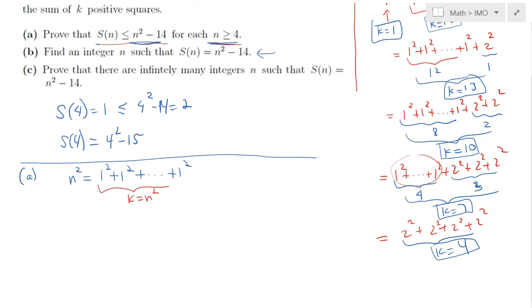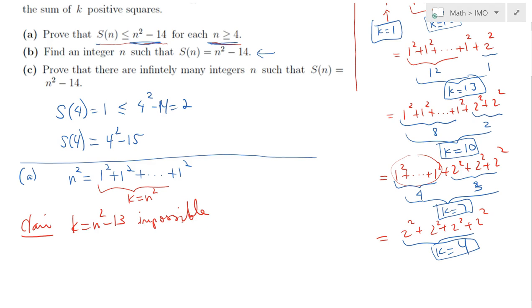What I need to do is to see if I can get k equals n squared minus, for instance, 13. If I can't, then it proves that S of n would be less than or equal to n squared minus 14, right? So all I will do is claim k equals n squared minus 13, not impossible.